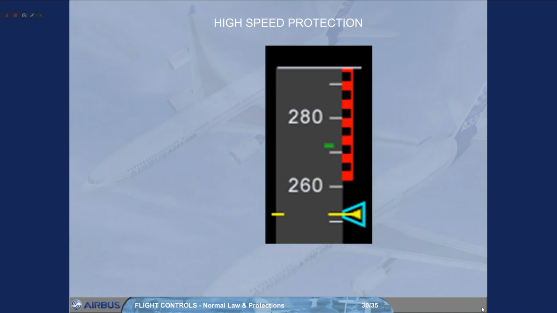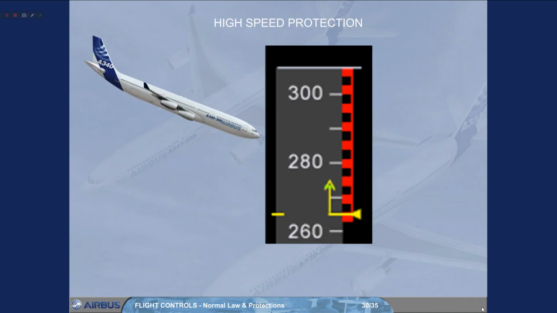When the airspeed or Mach increases above VMO-MMO, an overspeed ECAM warning is triggered, as shown in the autoflight chapter.